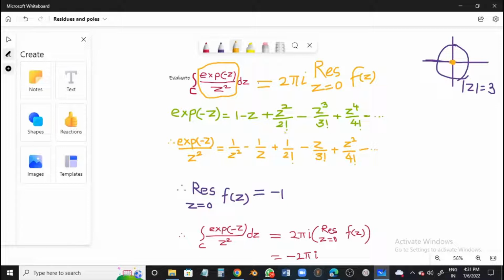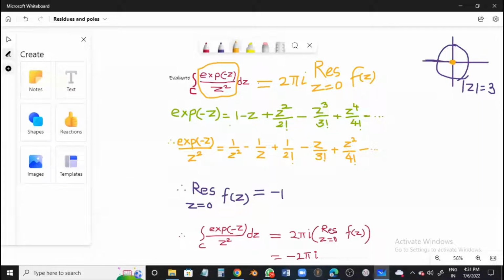Ultimately we get exponential of minus z equal to 1 minus z plus z square by 2 factorial minus z cube by 3 factorial plus z raised to 4 upon 4 factorial minus and so on. Do you agree? Any doubt here? Okay, I suppose you are following the series of exponential of minus z.